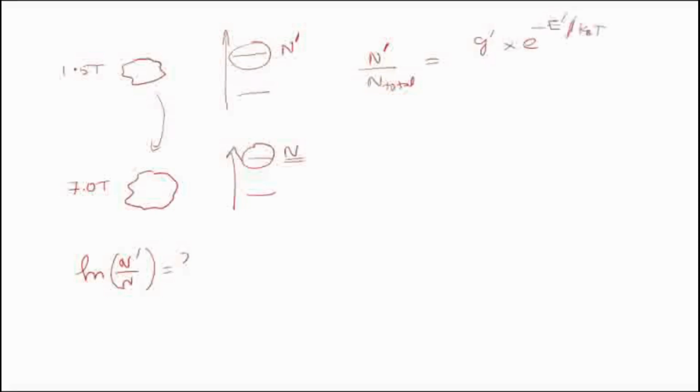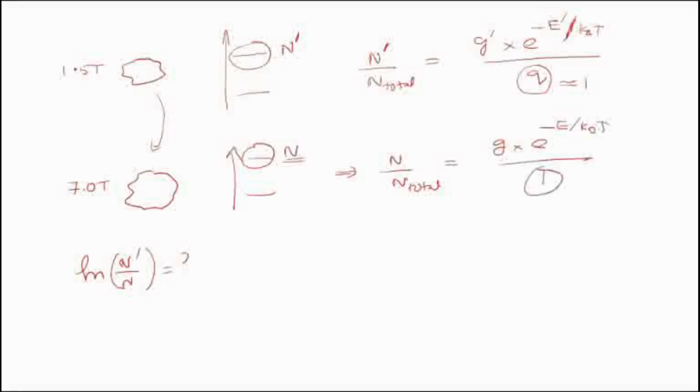E prime is the energy of the highest level when you apply 1.5 Tesla, divided by the partition function, and in the problem it was given that the partition function is assumed to be 1 for both cases. Similarly, for this system, n is the population in the excited state, n total equals G into e power minus E by KBT divided by 1, because the partition function is assumed to be 1 in both cases. Now we need to take the ratio.